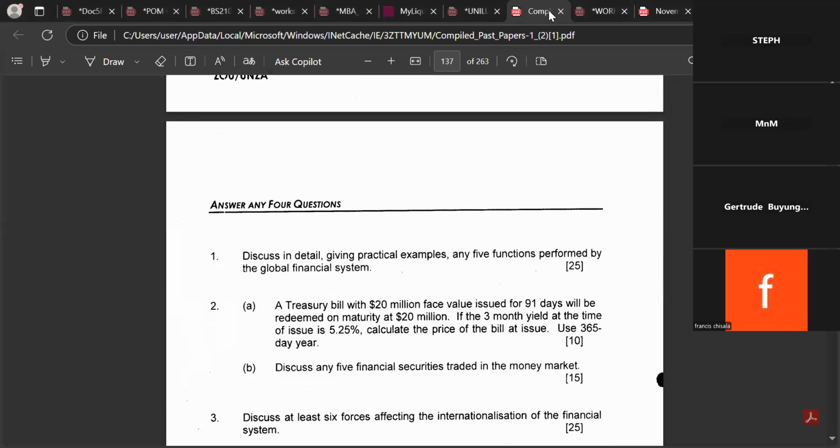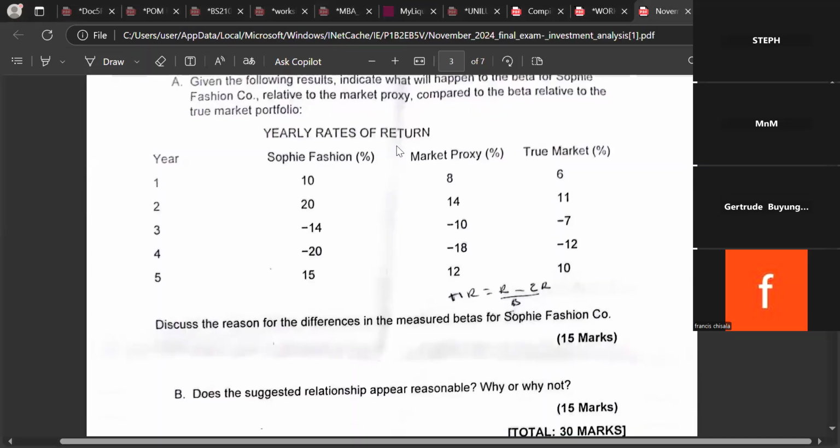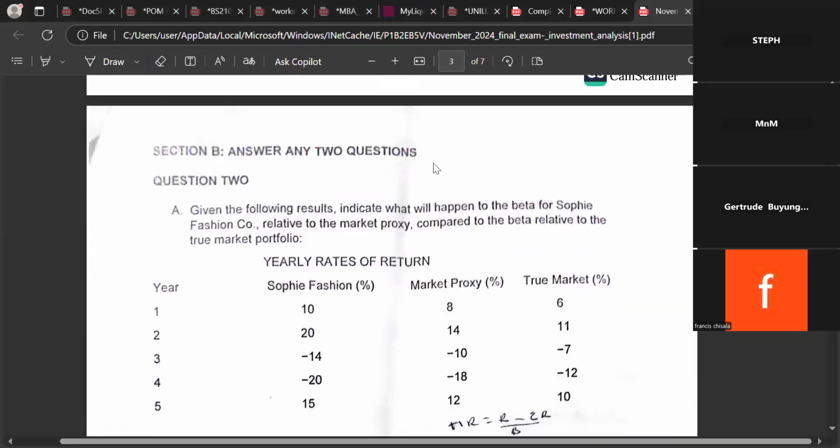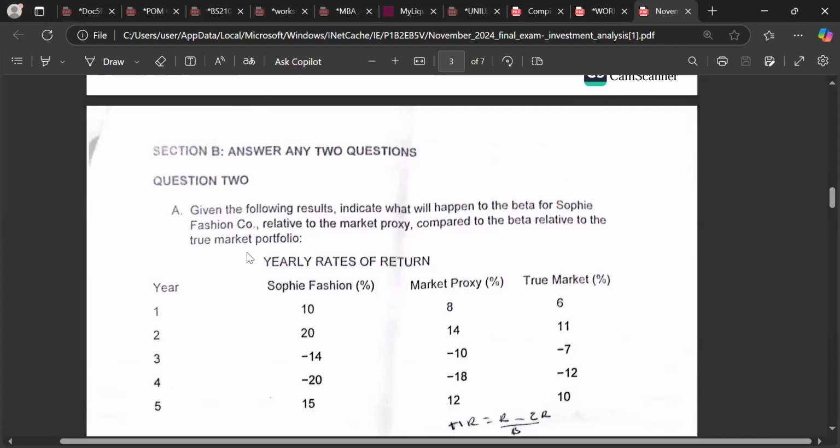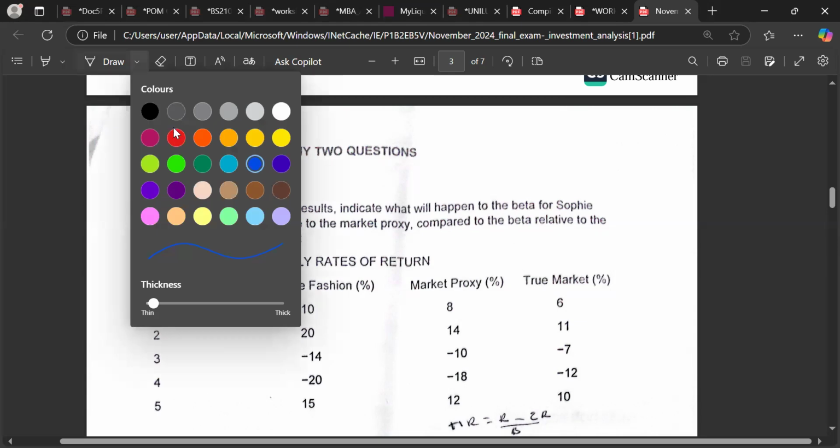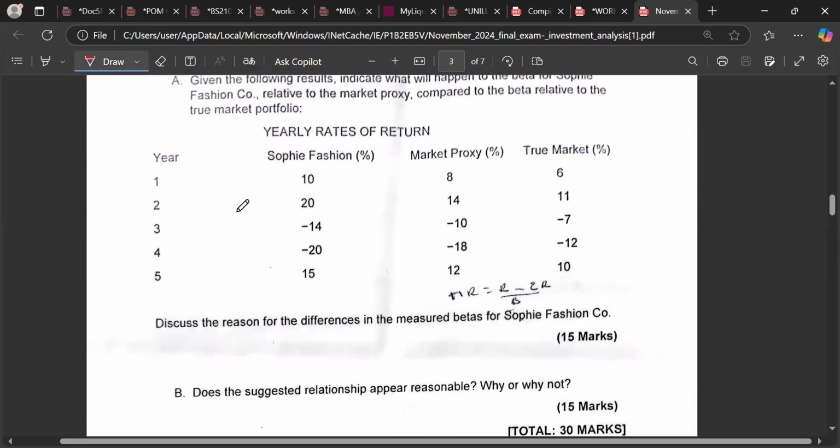So question 2, just a moment. Question 2 on the paper, section B says, given the following results, indicate what will happen to the beta for Sophie Fashion Company relative to the market proxy compared to the beta relative to the true market portfolio. We are given our yearly rates of return, with the years in the first column.